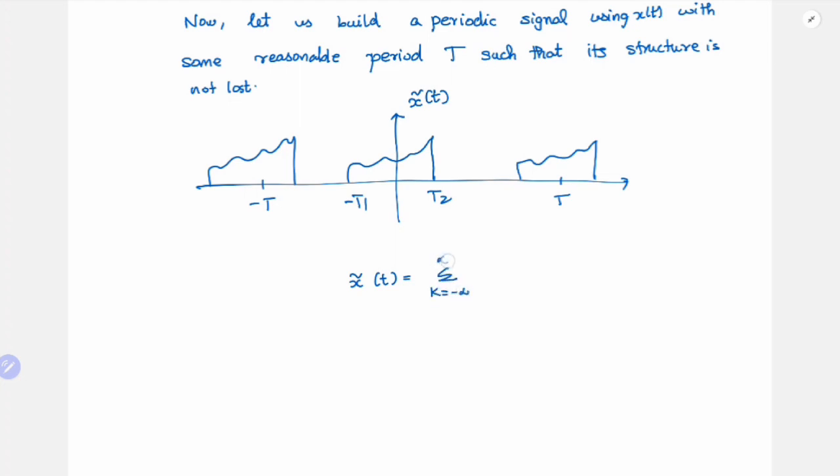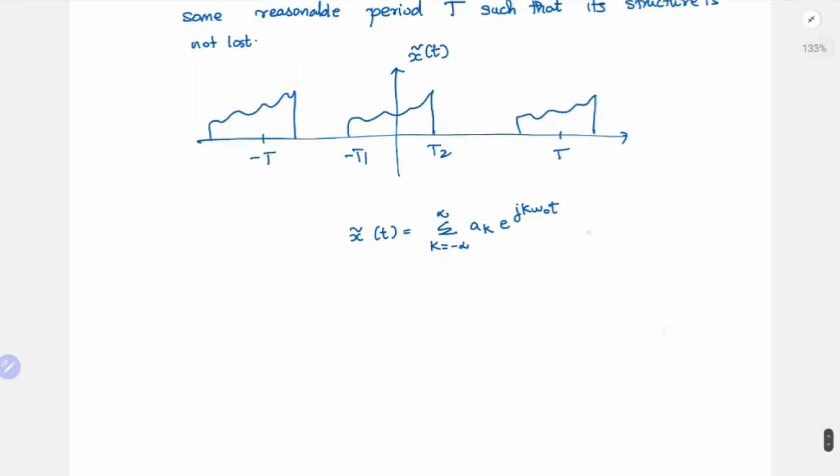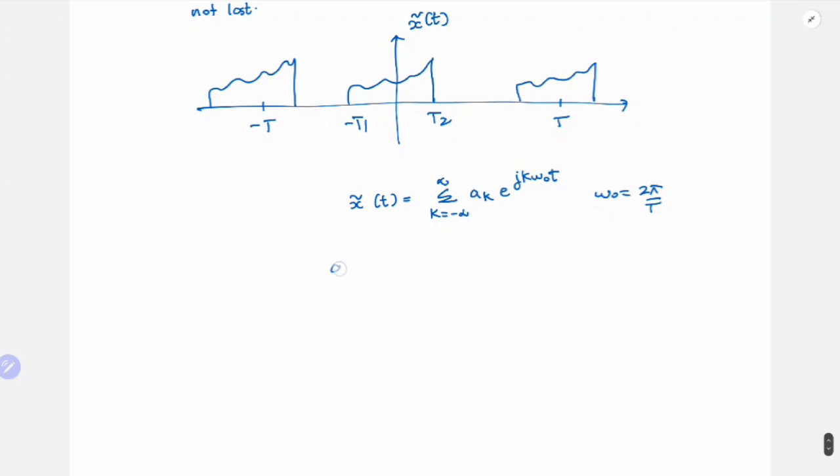And we can represent it in the Fourier series, which is nothing but summation over k of ak e power jk omega naught t, and omega naught is equal to 2 pi by T. And ak is nothing but 1 by T integral over T of x tilde of t e power minus jk omega naught t dt.